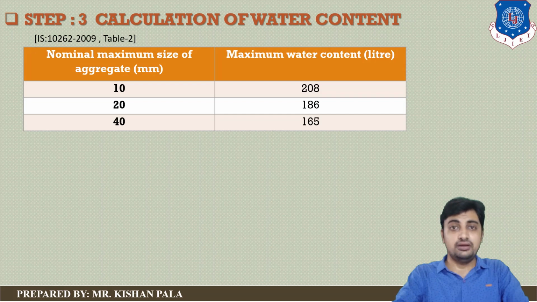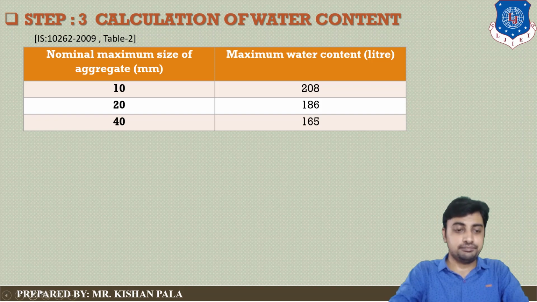So you can see, with reference to Indian Standard 10262 2009 table 2, the table shows the maximum water content given with the nominal maximum size of aggregate in mm.